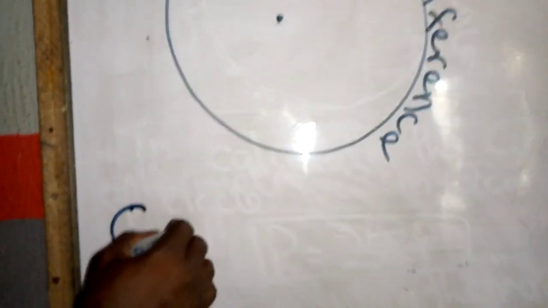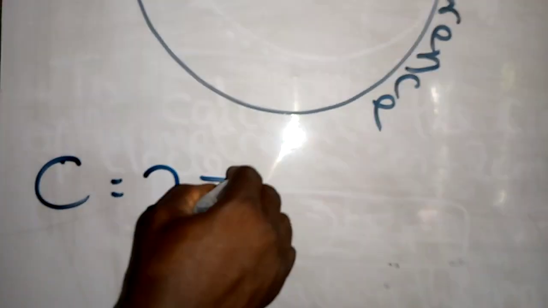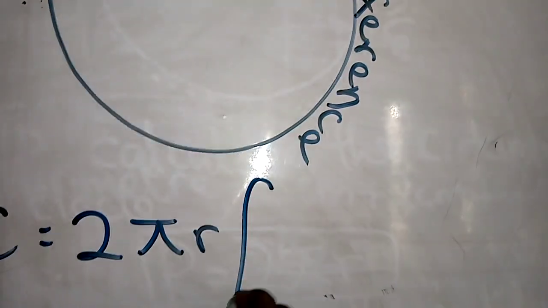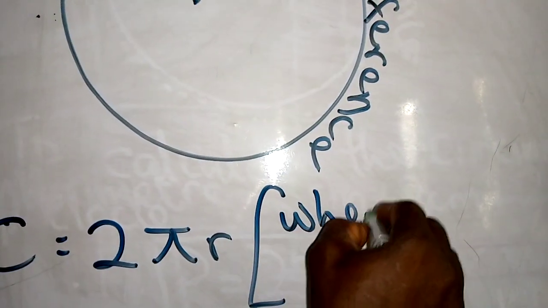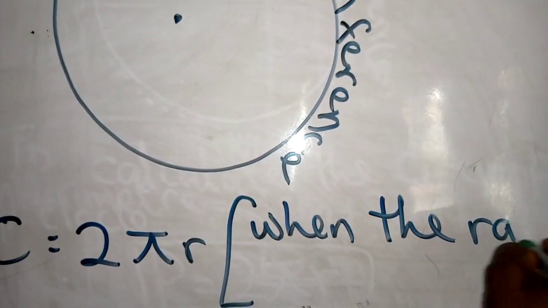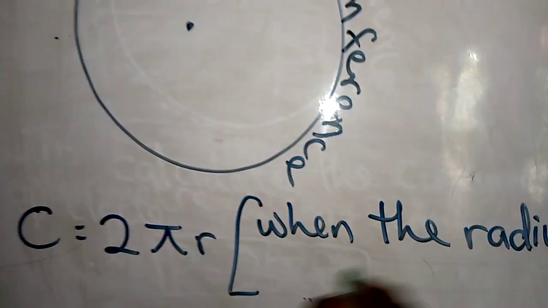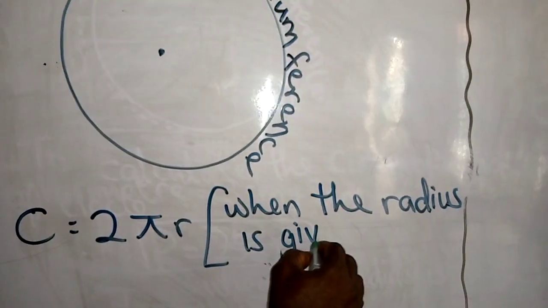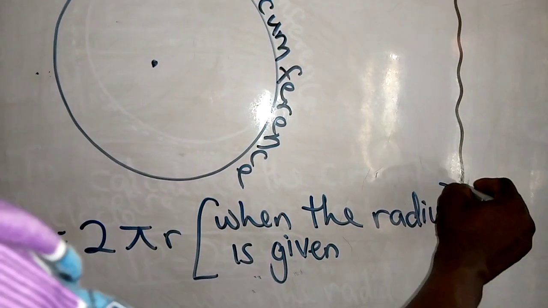So to calculate the circumference of the circle, which is C, it simply means 2 pi r. Here, when the radius is given.